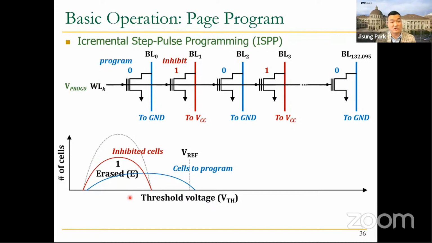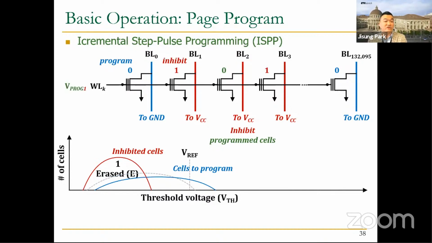And the NAND flash chip stops applying the voltage and verifies all bit lines to check whether each cell has already been programmed enough by the first step. If it finds such cells, the corresponding bit lines are charged in order to inhibit the programmed cells for the next programming steps, meaning to prevent the programmed cells from being programmed further.